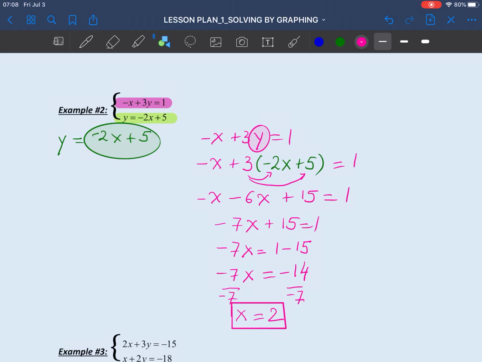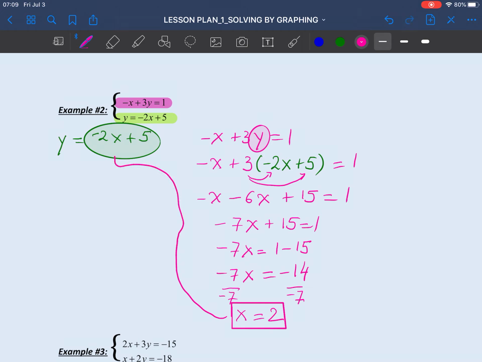That would be the x coordinate at the point of intersection, or the solution of the system. So we'll take this x, which we got from the first equation, substitute it into the second one. So it's like back and forth with the substitution method. And we're going to say, maybe we'll go this way around.